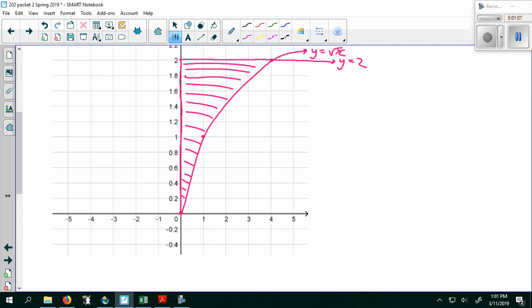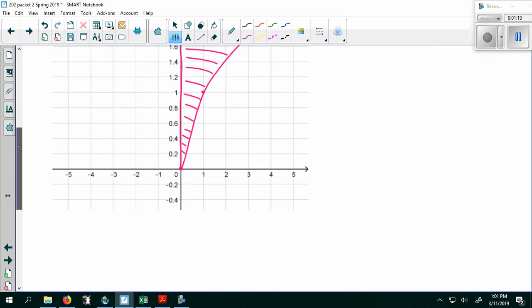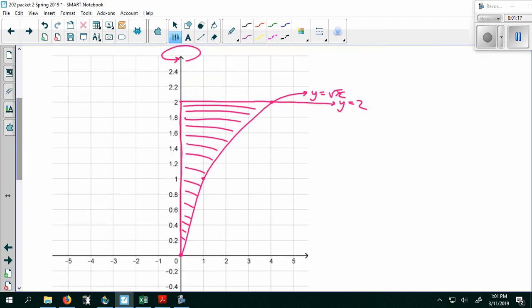And I want to rotate this region about the y-axis. So this is a little bit different than the one in the demo, going about the y-axis this time. So I want to choose a representative rectangle, perpendicular to the axis of revolution. Somewhere between 0 and 2, I pick a random location along the y-axis.